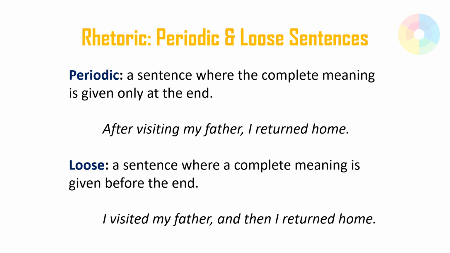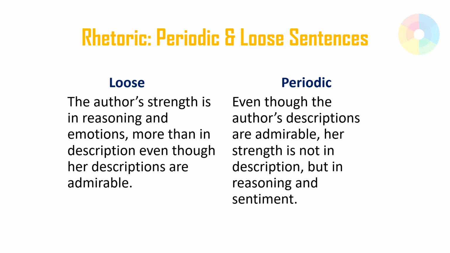And this is clear from the two examples that I gave. So here in a loose sentence, we have a complex sentence where the independent clause rather than the dependent clause begins the sentence. On the other hand, in the periodic sentence, the dependent clause comes first.